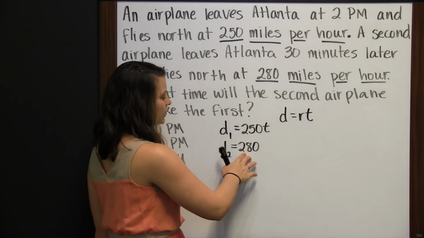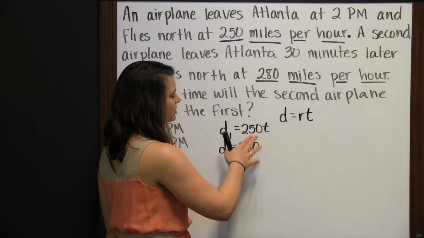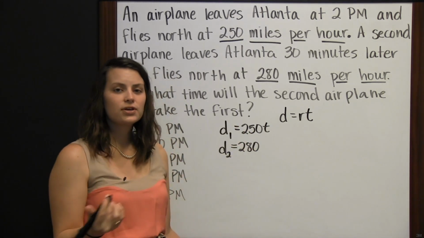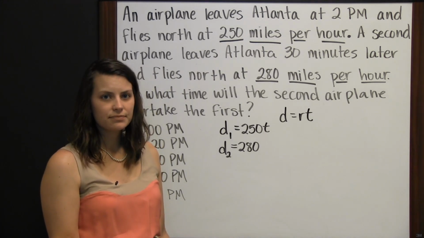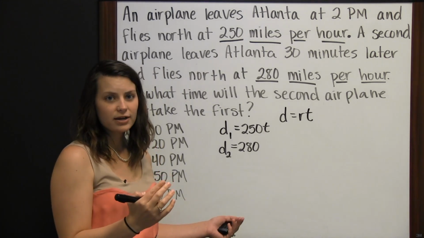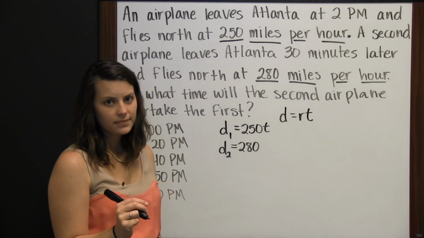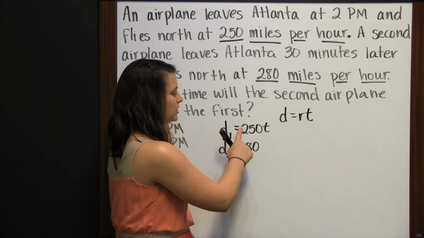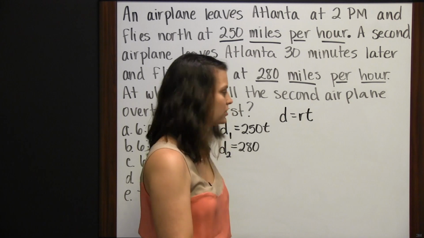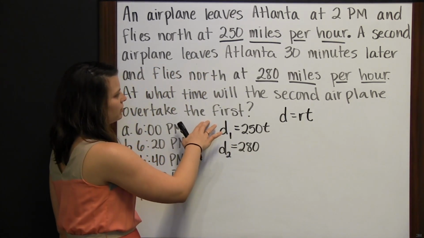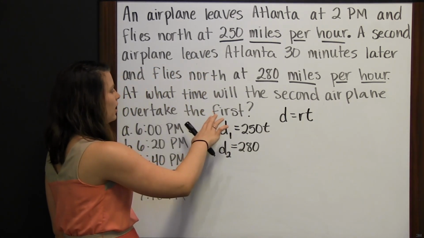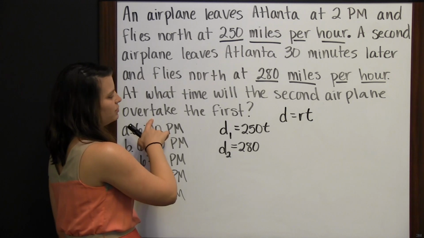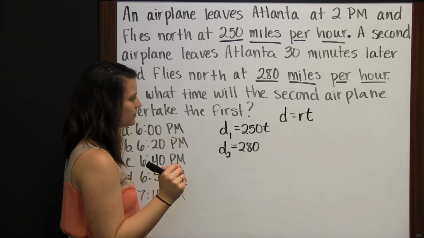If you'll notice, the second airplane is going faster than the first one. So if they left from the same place and they both go north, the second airplane is eventually going to catch up with the first and actually pass it. That's what we're trying to figure out: at what time will the second airplane overtake the first?